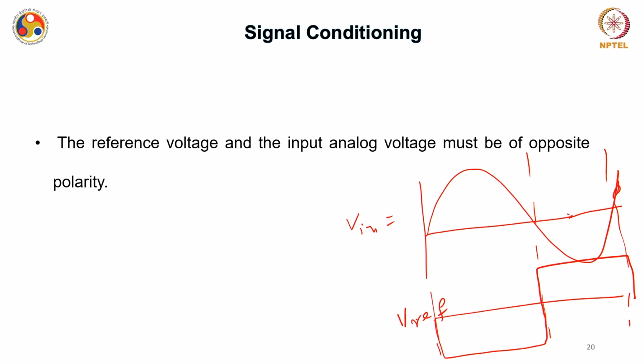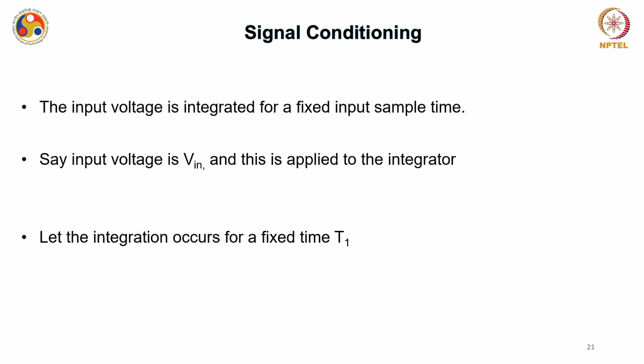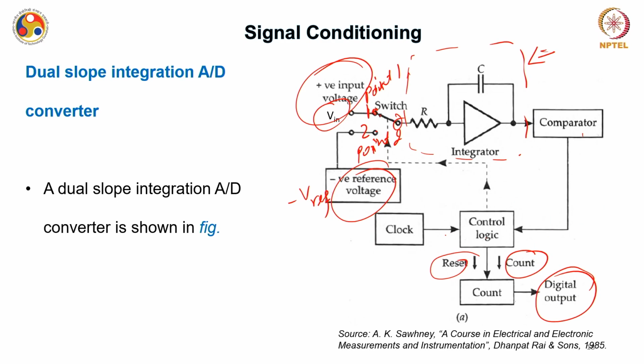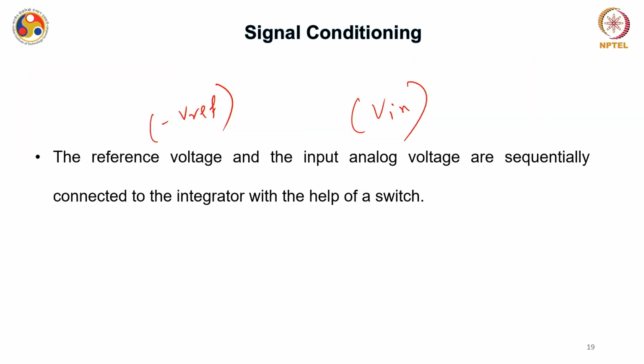The reference voltage and the input analog voltage must be of the opposite polarity, and this is important. This is the heart of the dual slope integration AD converter. We will see how this negative reference voltage helps in getting two different slopes.